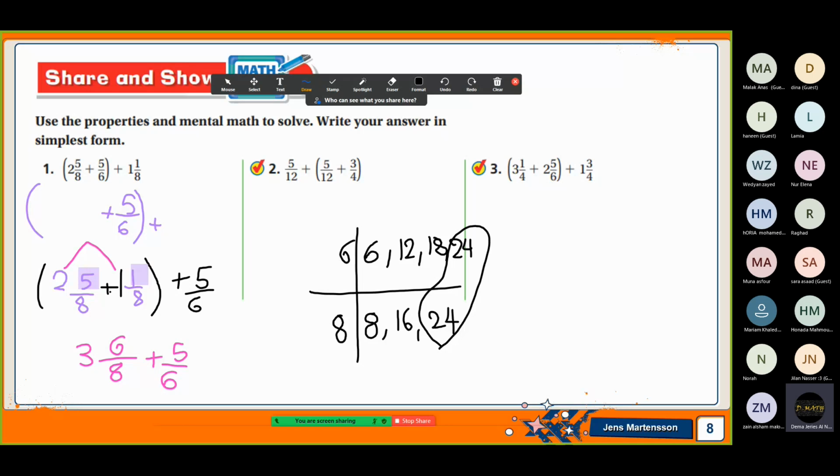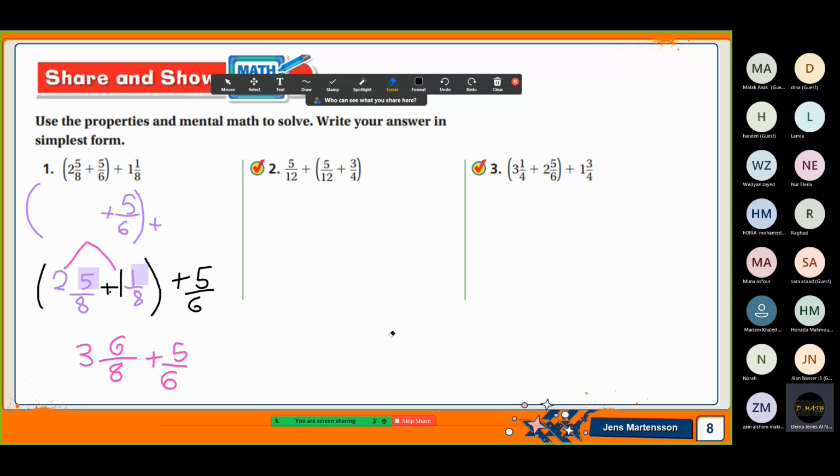And as you see here, we have 24 as a common multiple. So now we will write it like over 24, over 24. Now, what's the number that when we multiply it by 8, we get 24?